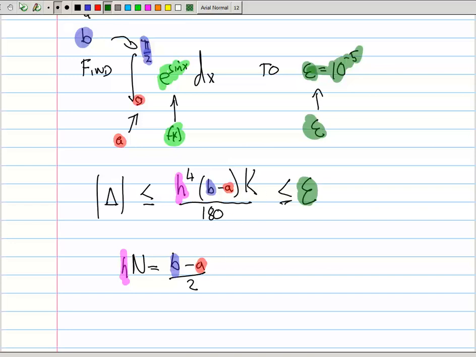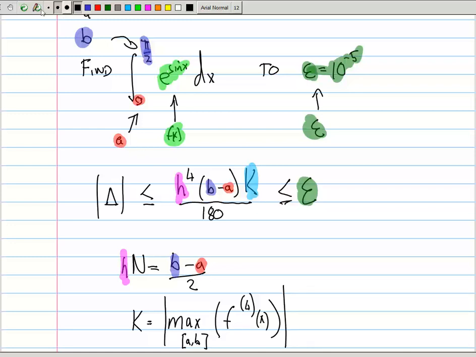Our k value, which I'm going to make light blue here, we must also remember, as I went over earlier, is equal to the max from a to b of the 4th prime of x, and this we're going to set in an absolute value.